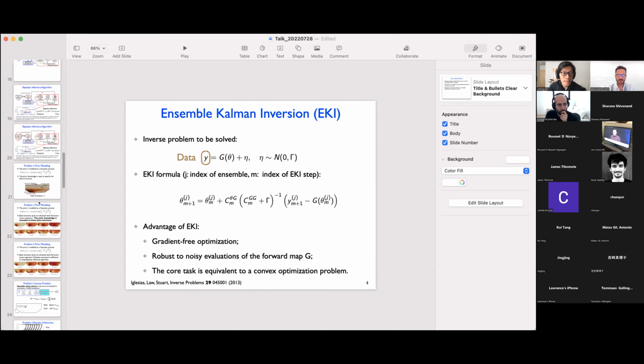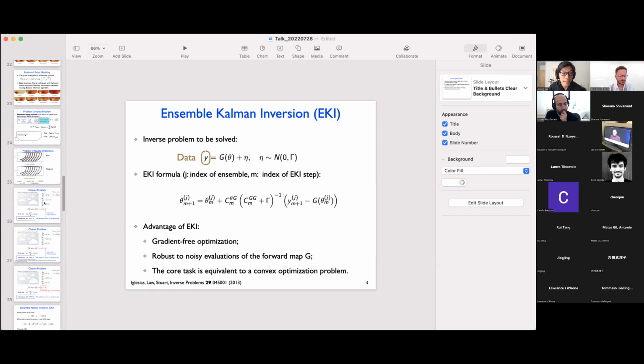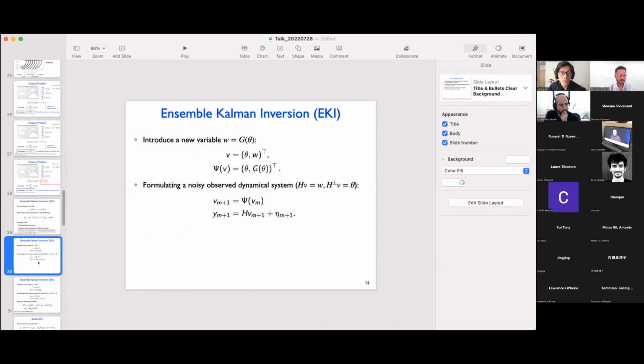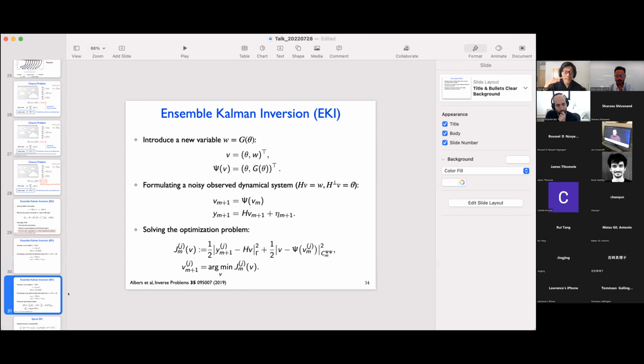But in some previous works on EKI, researchers have shown that it is equivalent to applying the standard Kalman filter to this noisy observed dynamical system, which means that the updating formula for each EKI step is equivalent to solving this optimization problem with the augmented state V as the unknown.